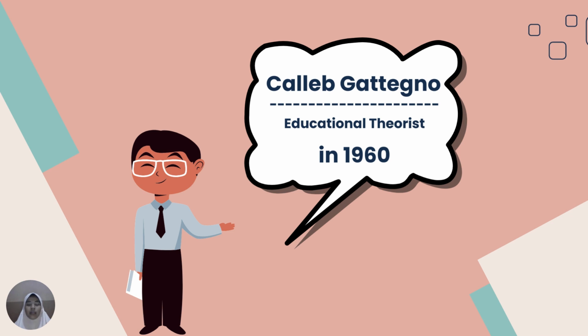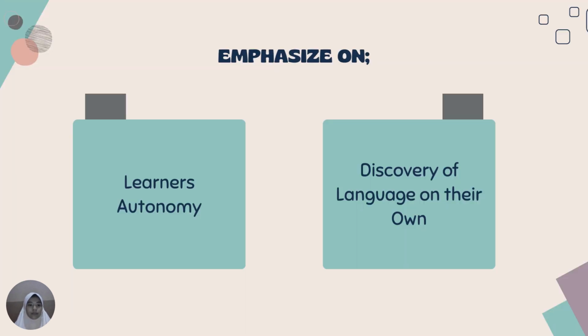This method was developed by Caleb Gattegno, an educational theorist, in 1960. This instructional approach emphasizes two aspects: learners' autonomy and the discovery of language on their own.